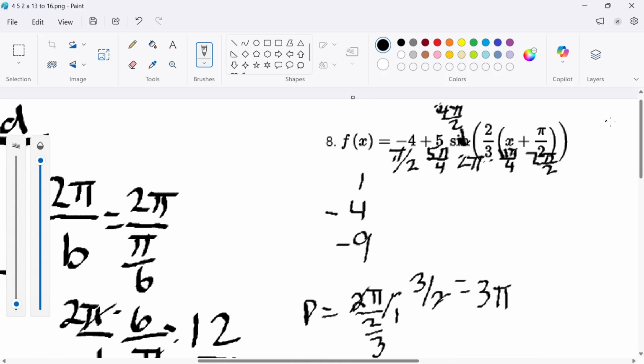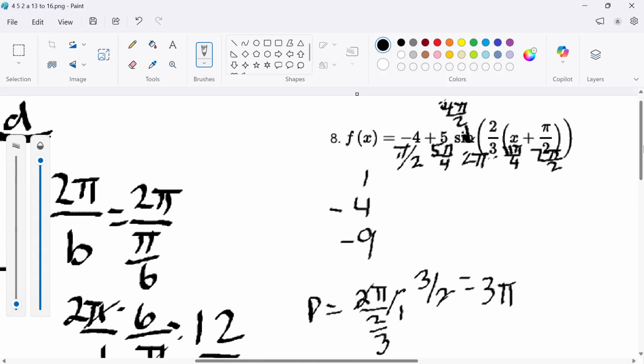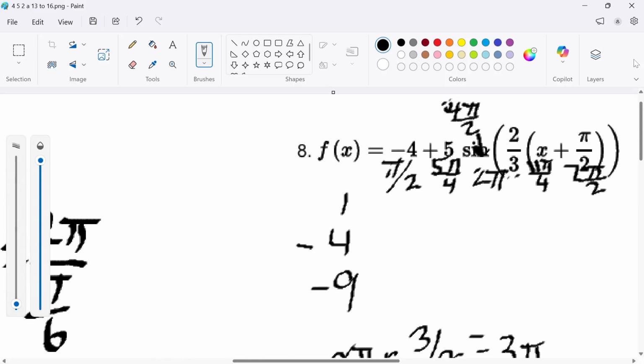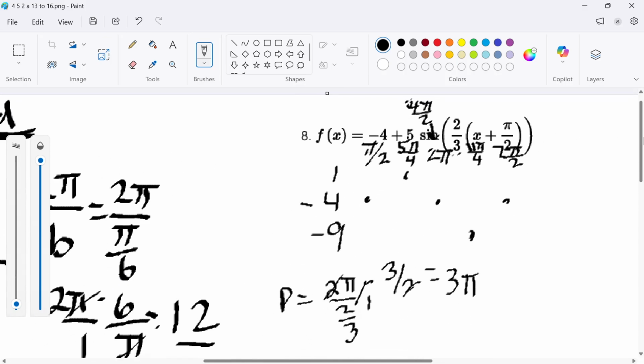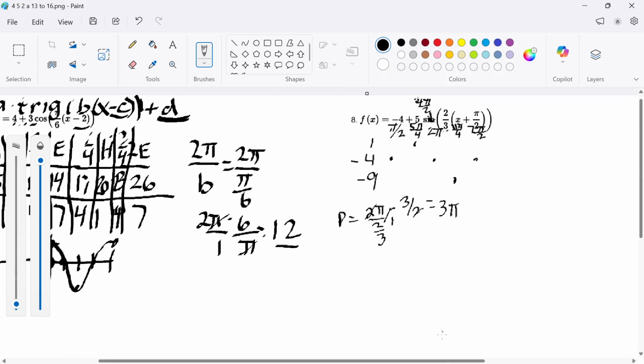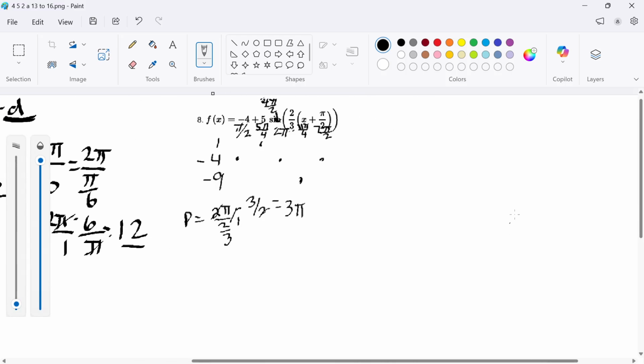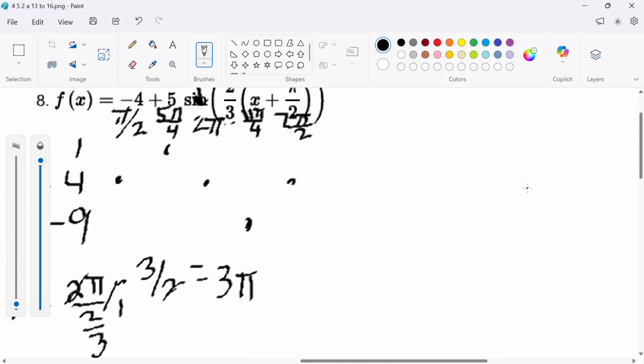And then I'll do the next cycle in a second. So at pi over 2, it's at the midline. And then it's going to go up to the max, down to the midline, down to the min, back to the midline. Okay, now I've got to go 3 pi plus 7 pi over 2, and 3 pi is 6 pi over 2 plus 7 pi over 2 is 13 pi over 2.